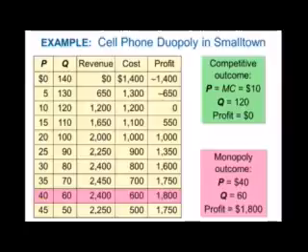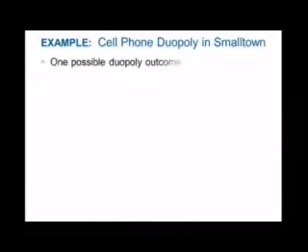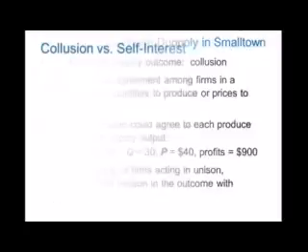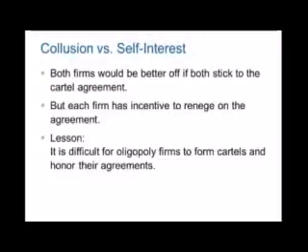So instead of earning just 900 profit, or sharing 1800 between Verizon and AT&T, I could get all $1,750 as profit, which is much more than 900. If both firms keep doing this, they end up coming here. That's one example, and we'll see a bit more of it shortly.